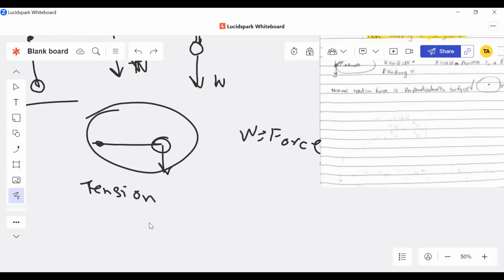Now, tension would be in which direction? Can you tell me the direction of tension in the rope? Towards the point, do you mean this point?